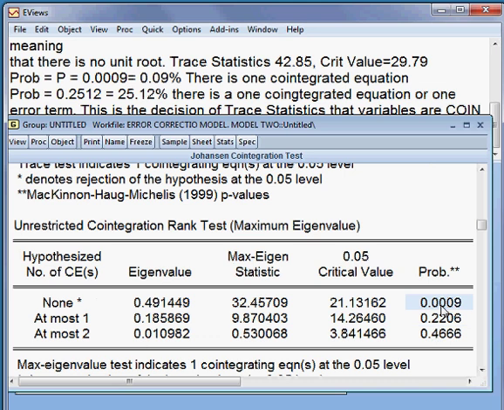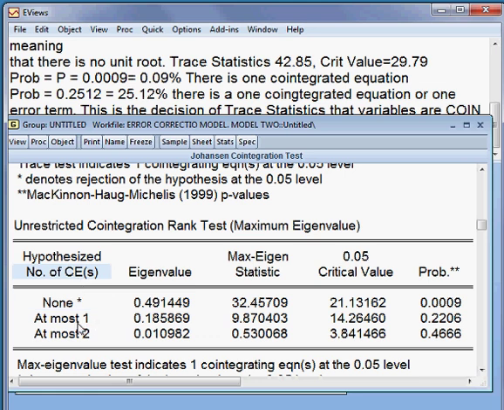I'm sorry, we can reject the null hypothesis because it is less than 5%. So we can reject the none. What is none? There is no co-integrated model. So we can reject it. What is C? C refers to the co-integrated model.